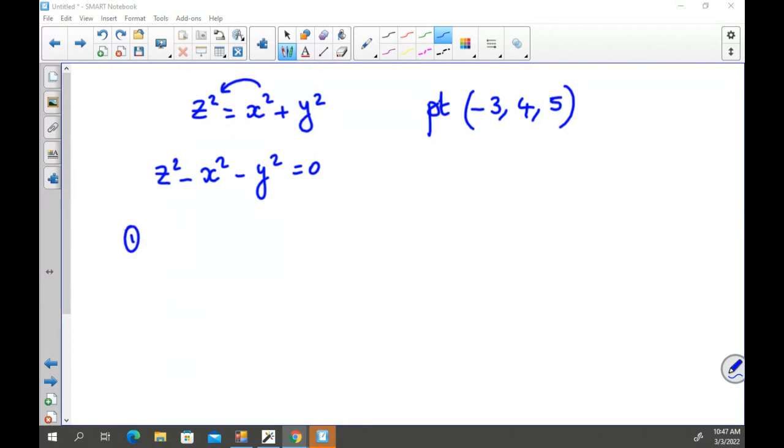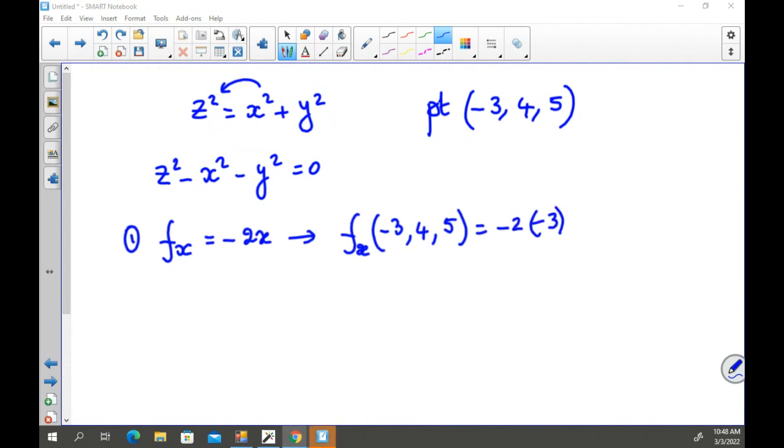Number one, fx. Yes. What is fx here? Minus 2x, very easy. fx at (-3, 4, 5) will be minus 2 times minus 3, 6. Then fy. What is fy? Minus 2y, huh?